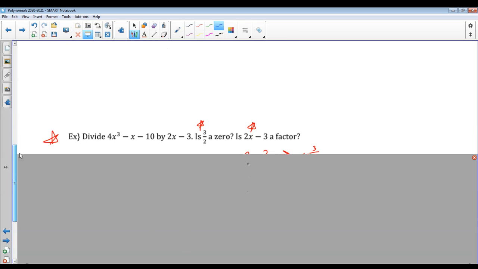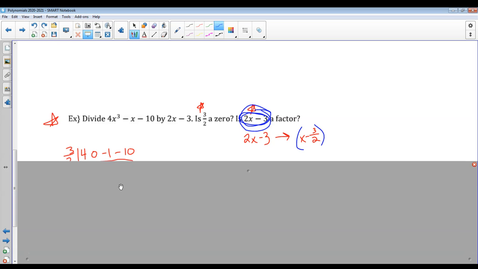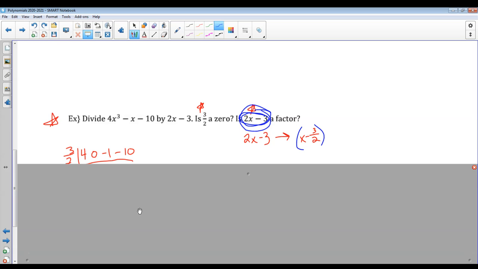But the other thing I wanted you to take a look at, this 2x minus 3, remember what I said on the first page. We have to have a leading coefficient of 1 here. So we can't do synthetic division as it's written like this. We have to change it to become x minus 3 halves. So that's where I get my leading coefficient of 1. So what we're actually testing here, since this factor is x minus 3 halves, we're testing positive 3 halves in my synthetic division.